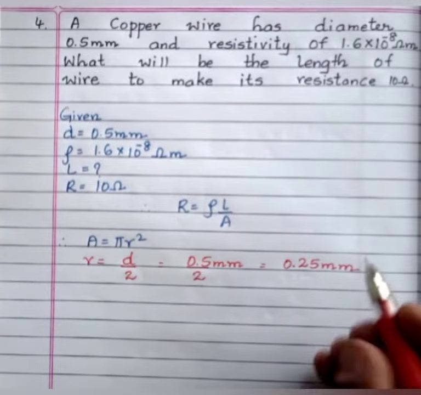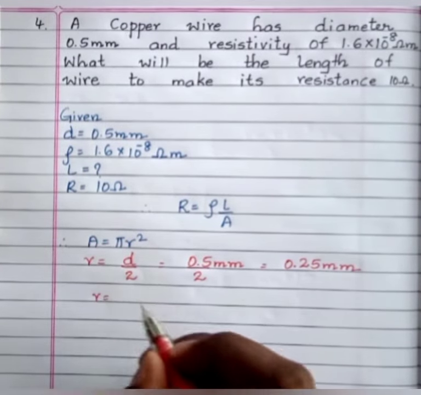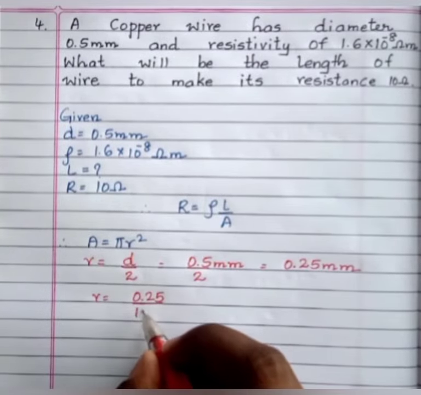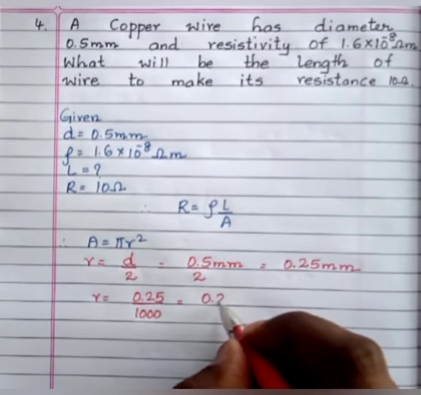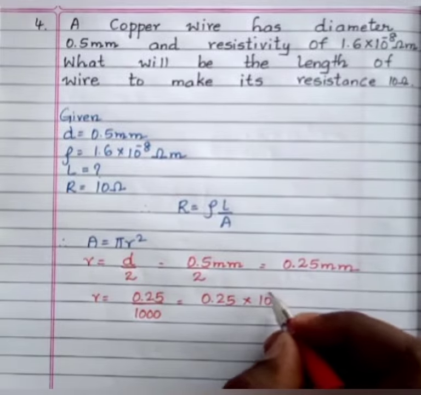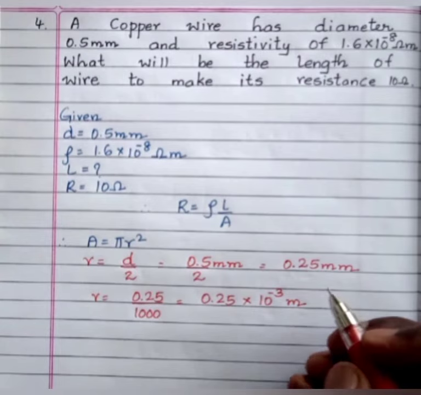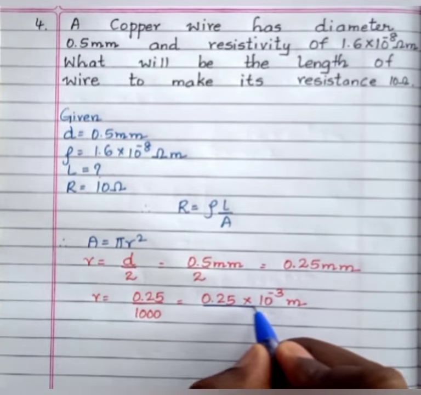To convert millimeter in terms of meter, you need to divide it by 1000. 0.25 divided by 1000, which is equal to 0.25 into 1000 can be written as 10 power 3. When you reciprocal it, we get 10 power minus 3. Therefore, R equals 0.25 into 10 power minus 3 meters. We have converted millimeters in terms of meters.